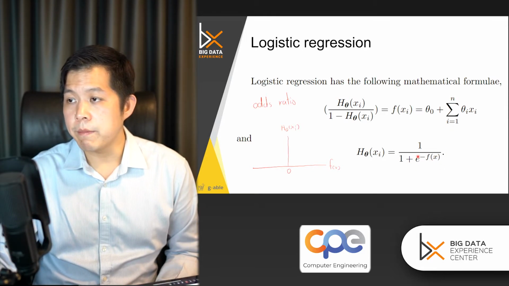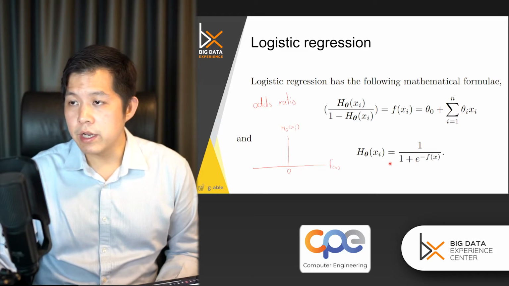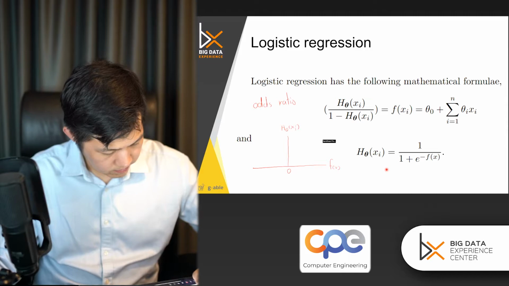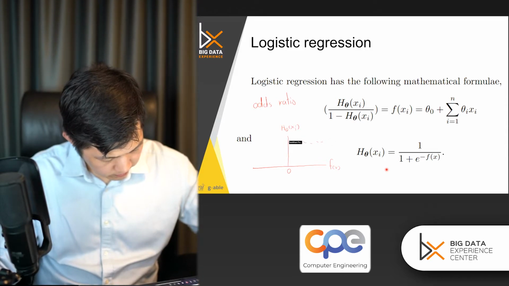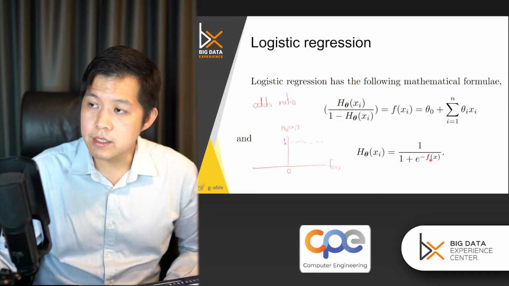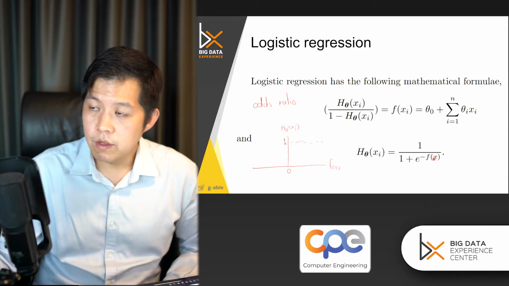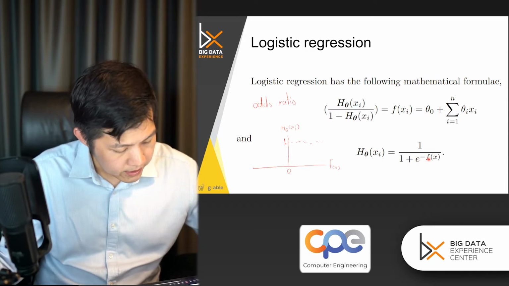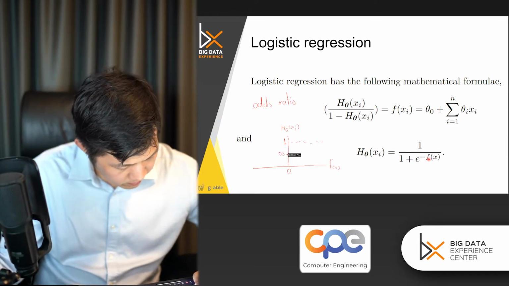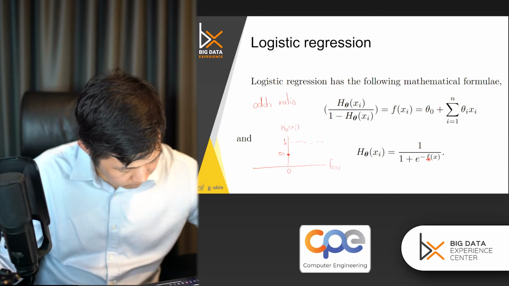And if this value approaches 0, h theta x would have a value equal to 1. This is 1. And if this f x is 0, right? If this is 0, then you have e to the 0, which is 1. That means this is 0.5. And then you actually have this graph.